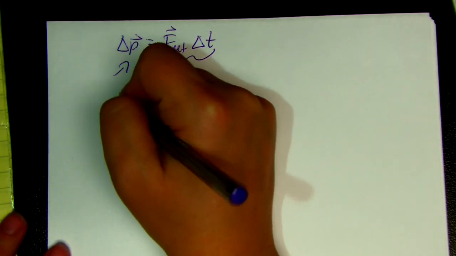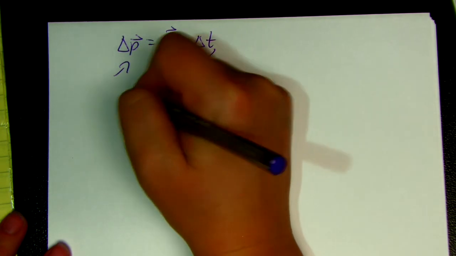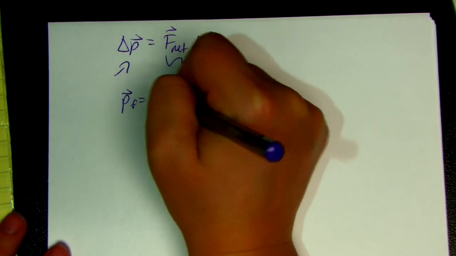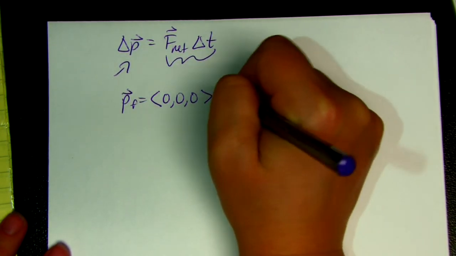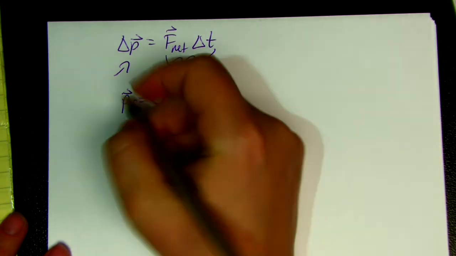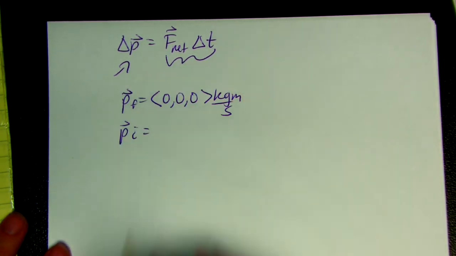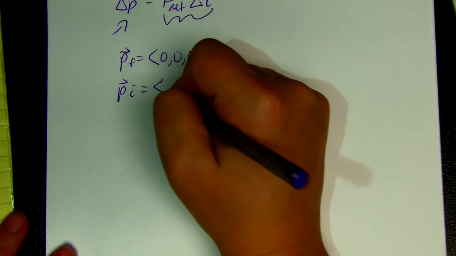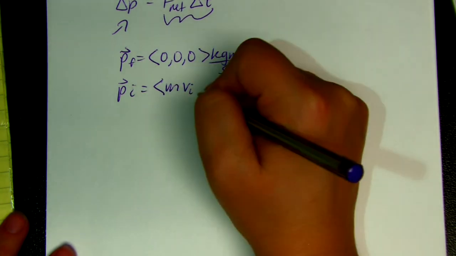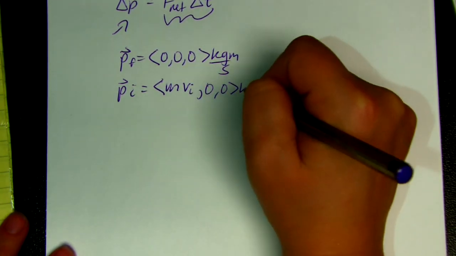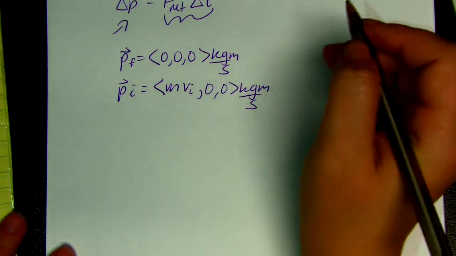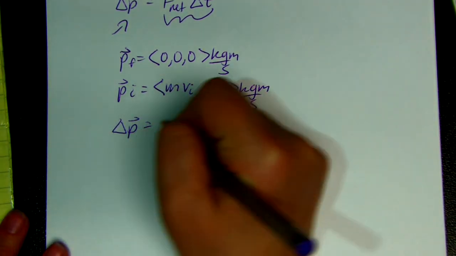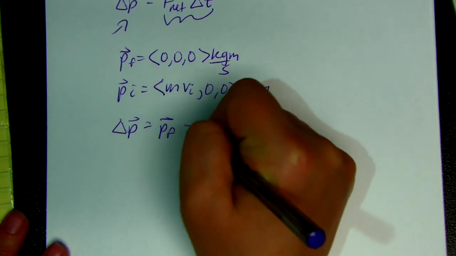We know that momentum final is equal to 0.000 kilogram meters per second, and momentum initial is equal to whatever we end up using as our mass times the velocity initial, 0.0 kilogram meters per second. Okay, so delta P is equal to P final minus P initial.